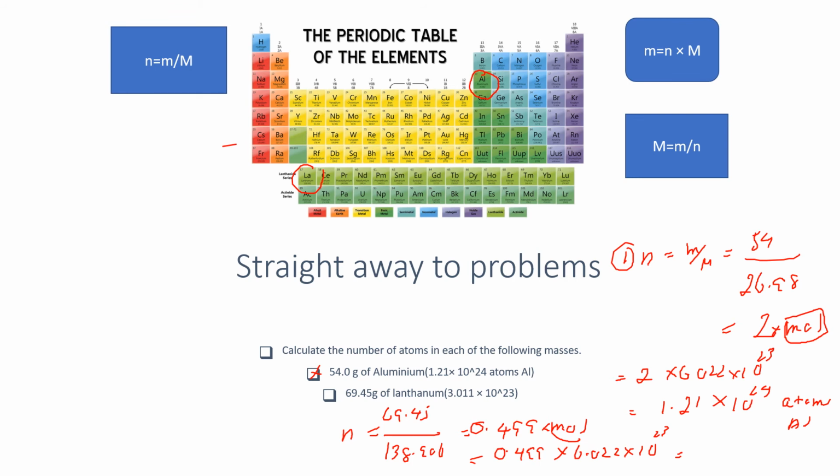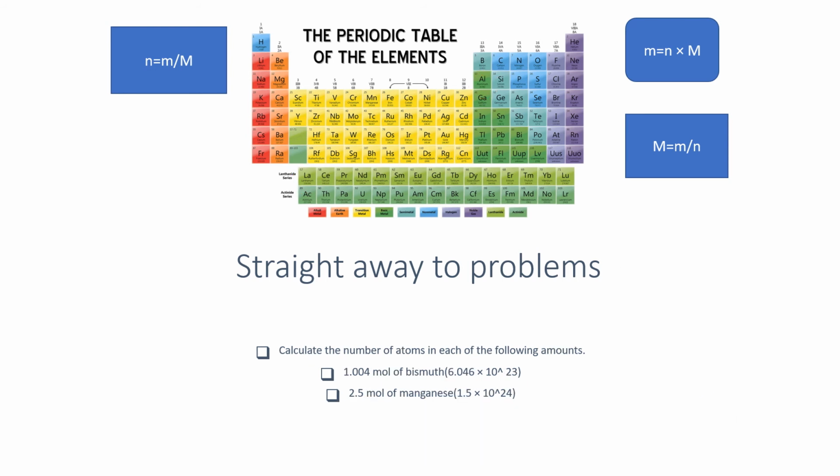So we have half this one. That's coming 3.011 10 to 23. Yeah, this is the answer, and this is my answer is same. Okay, let's move into the other one.